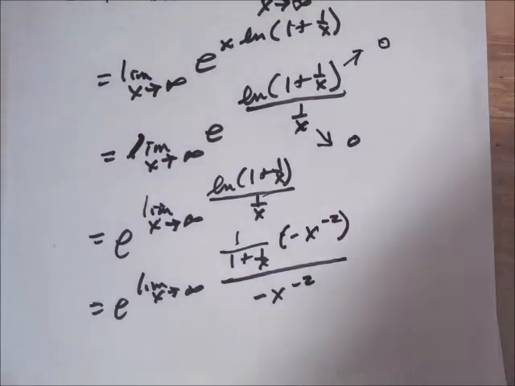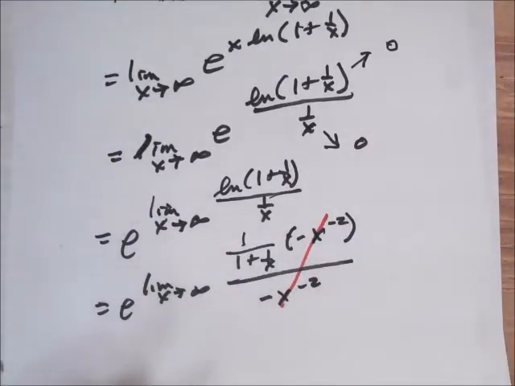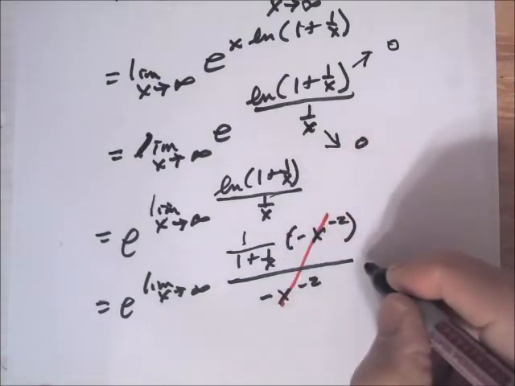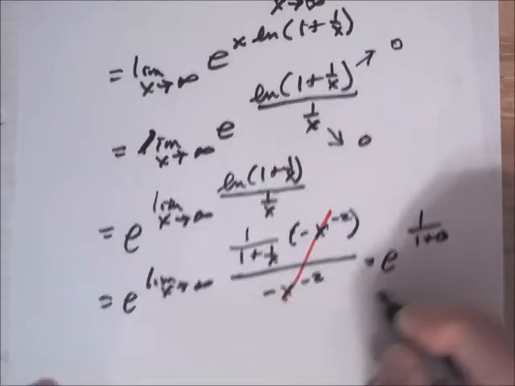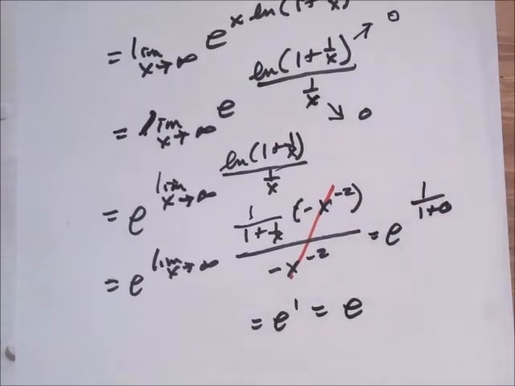So these will cancel. Then taking the limit as x goes to infinity, this goes to e to the 1 over 1 plus 0, which is e to the 1, which is equal to e.